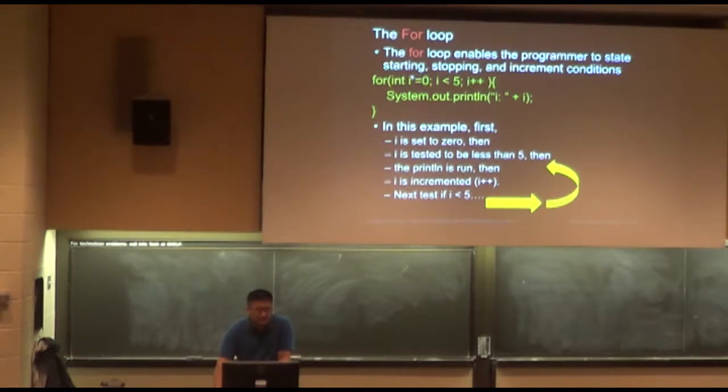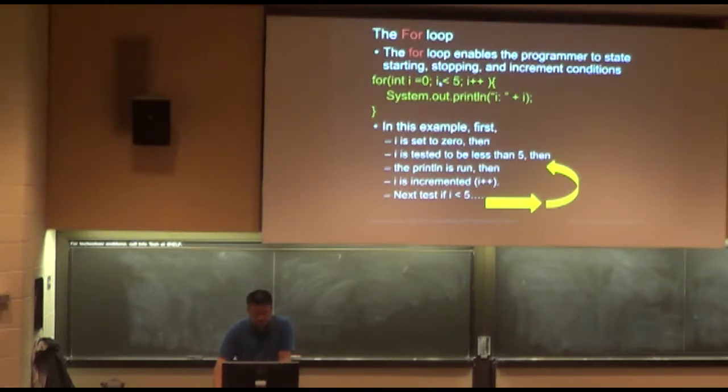If the initial statement is run and the conditional part results in the condition being true, then you can run the body of the for loop. And once you've run the body of the for loop, then you run the iteration, and then you recheck the condition.